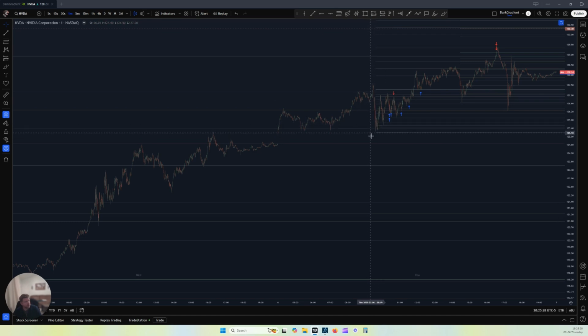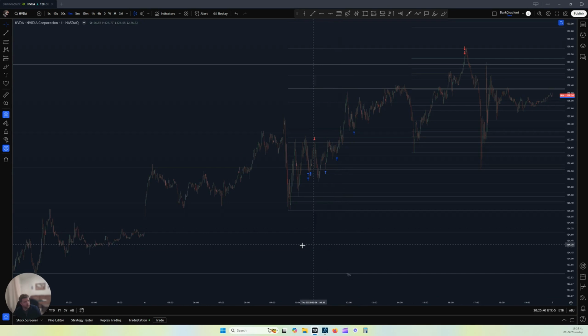This is a very high probability buy right here, because the target's right here, and you know exactly where it is, and this formation just seems to occur like clockwork. A lot of times you'll see it run up to the midpoint of the upper premium range, and then oscillate back down, sweeping under these lows here, as you can see right here, taking out that liquidity before finally running up to the target.